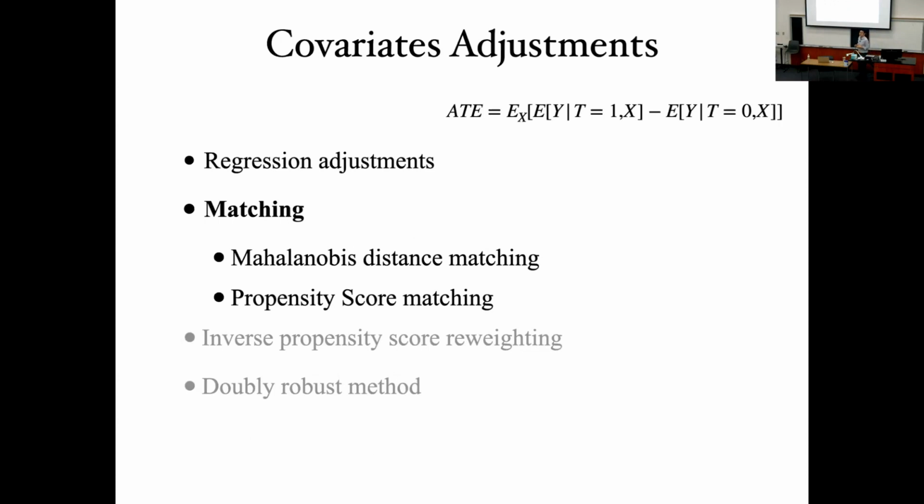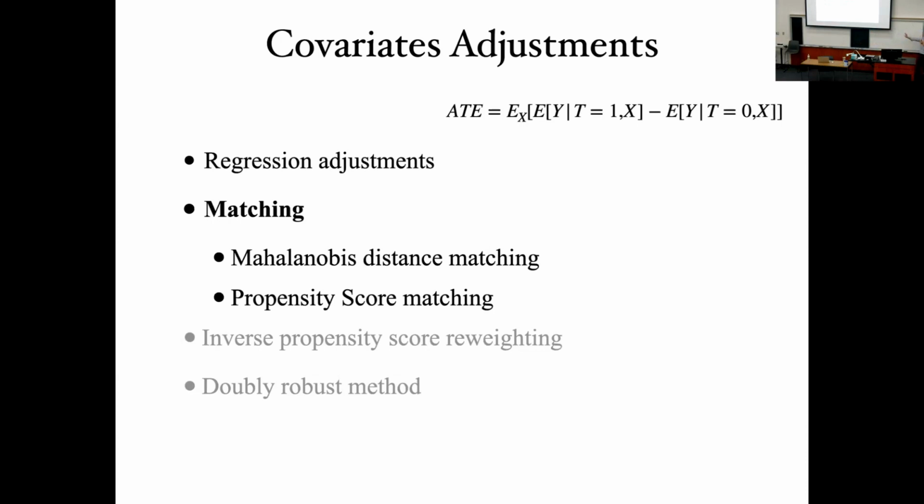Alternatively, you may want to do some kind of matching. So I have data points here, Xi here, and X here. For instance, for each value in this group, I want to find a very close one in this group. In the extreme case, suppose they are identical, for each of them I can find an identical one, and then I just use those values.